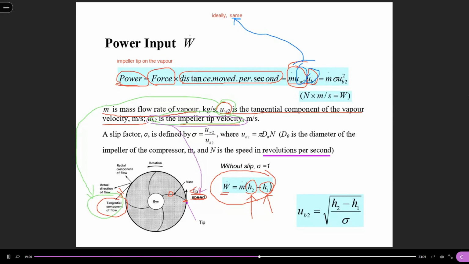Okay, because as we learned, the delivered vapor will leave the impeller tip into the passage.